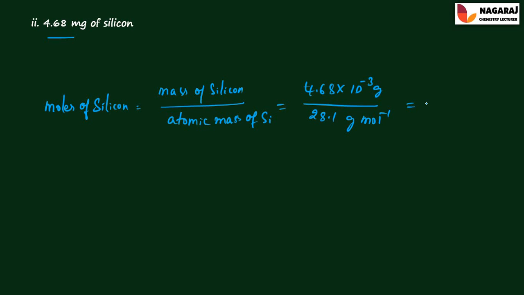So on simplification it gives 1.67 into 10 to the power minus 4 moles, right? So moles of silicon is 1.67 into 10 to the power minus 4.